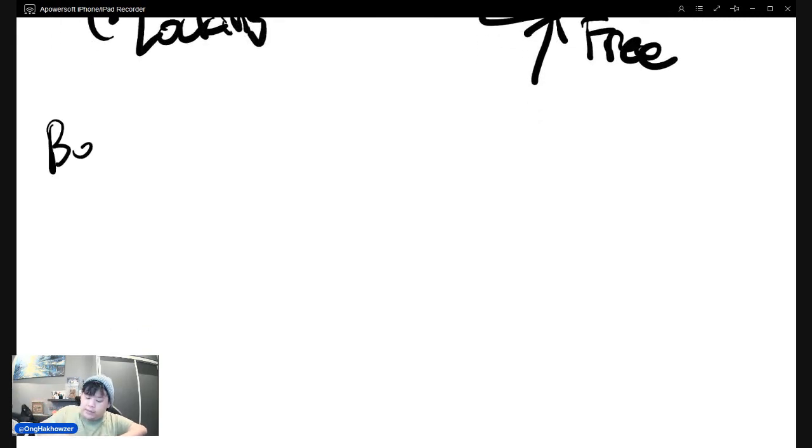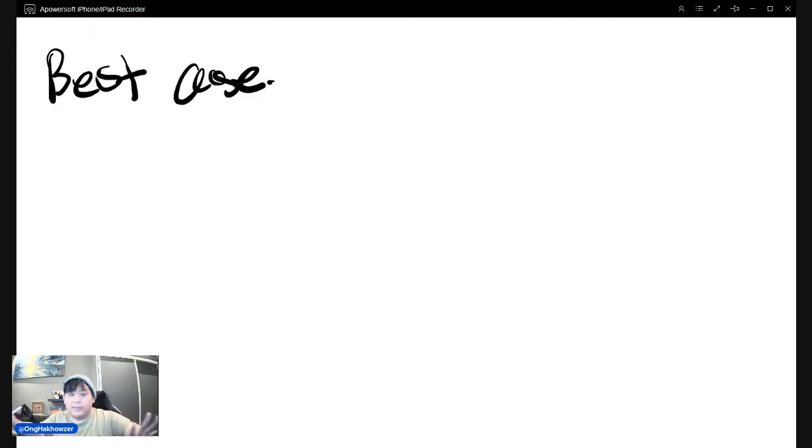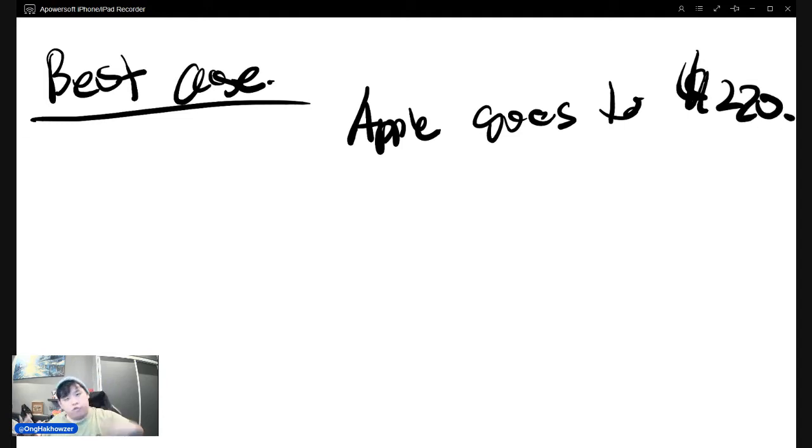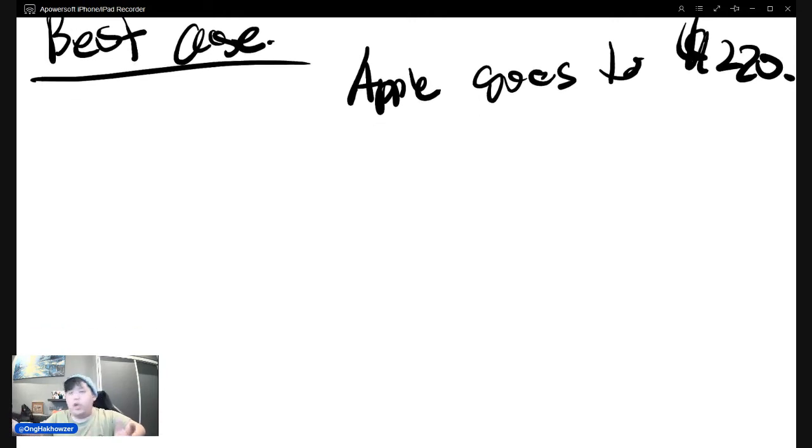Let's do a best case. The best case for you is if Apple goes to $220, for example. When this happens, your put basically just stays as it is.